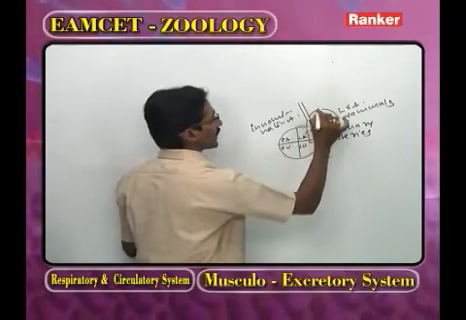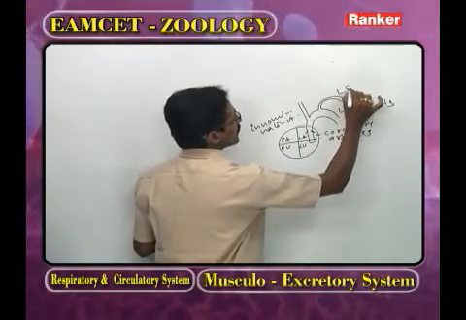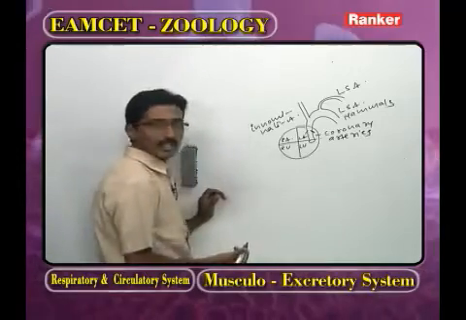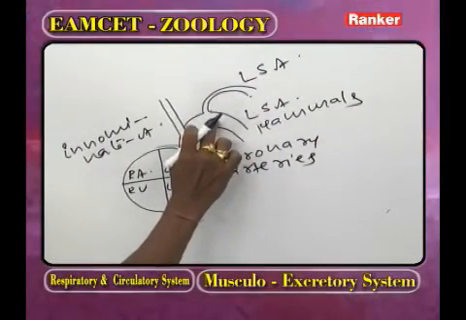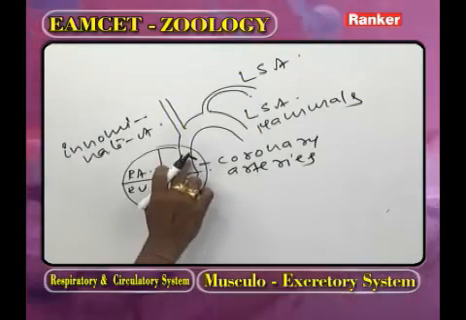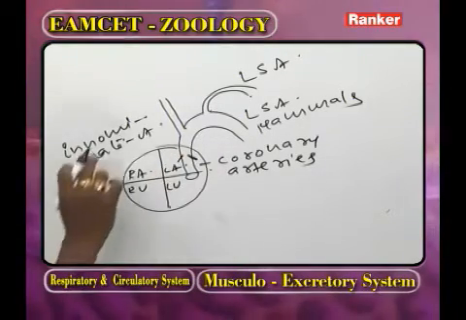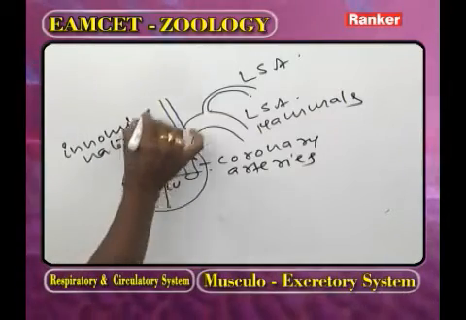And this is the left subclavian artery. You observe, the left subclavian artery arises from the left systemic arch. Coronary arteries arise from the left systemic arch. The innominate artery arises from the left systemic arch.